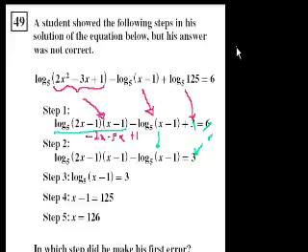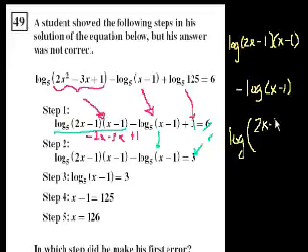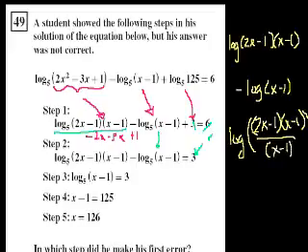His logic is that log of 2x minus 1 times x minus 1, minus log base 5 of x minus 1, would equal log of 2x minus 1 times x minus 1, all of that over x minus 1. That seems fair enough, so that should cancel out.